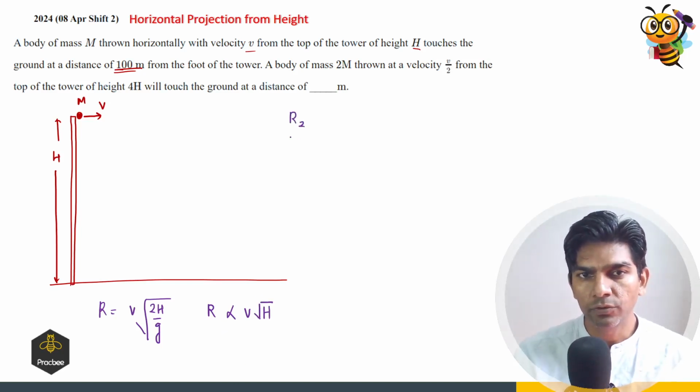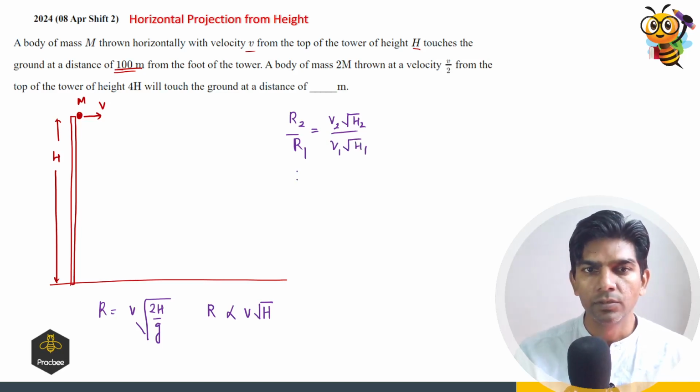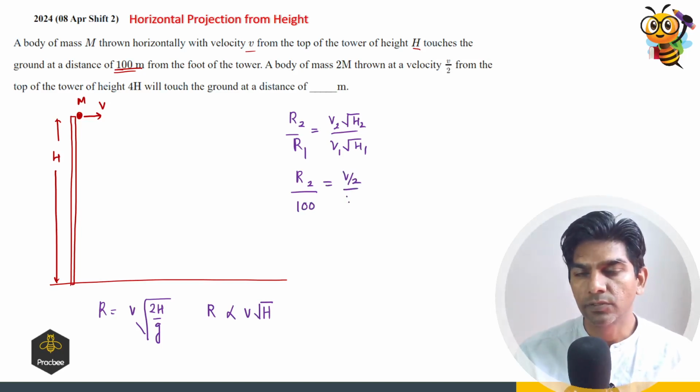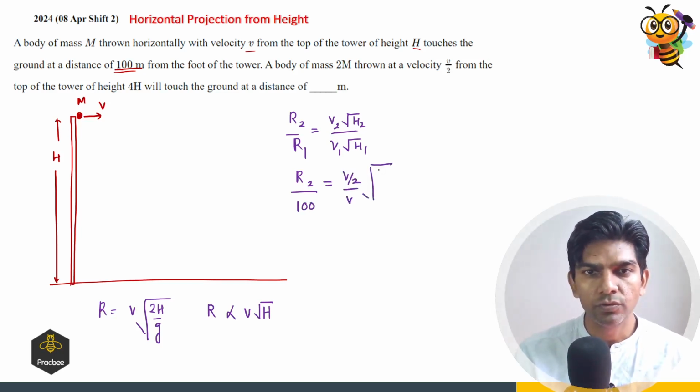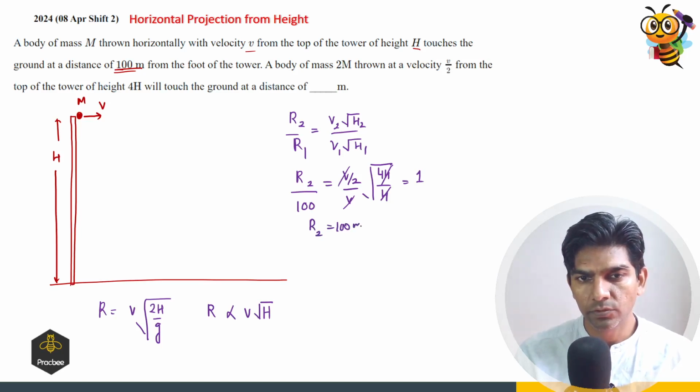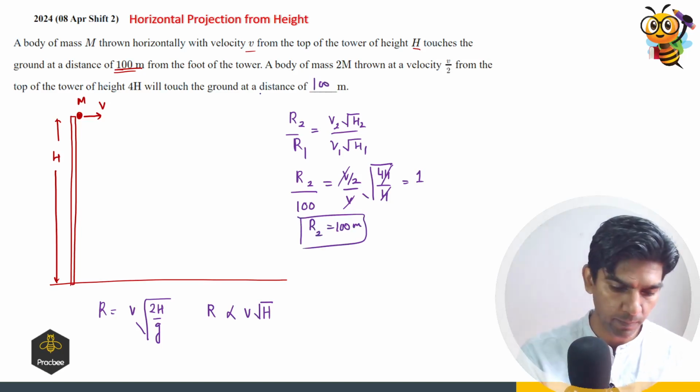So we can say r2 by r1 will be equal to v2 times root h2 divided by v1 times root h1. So r2 we have to calculate. R1 is given as 100. v2 is v by 2. v1 is v. And h2 is 4 times h. And h1 is h. So this will give us 1. So range will be 100 meters. So there is no change in the range. It will remain the same. So 100 is the answer.